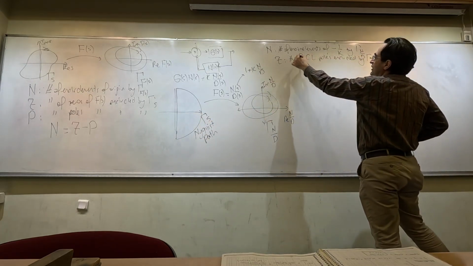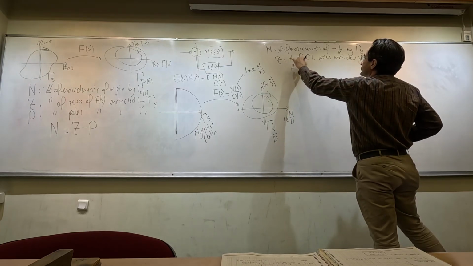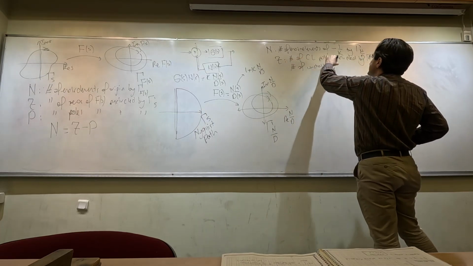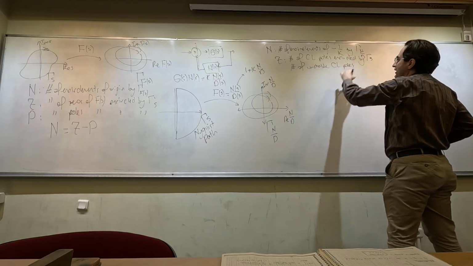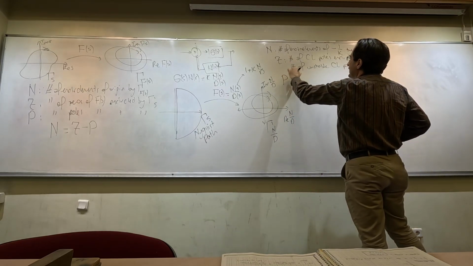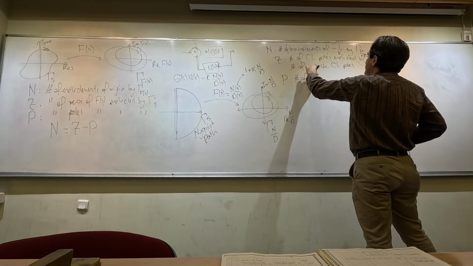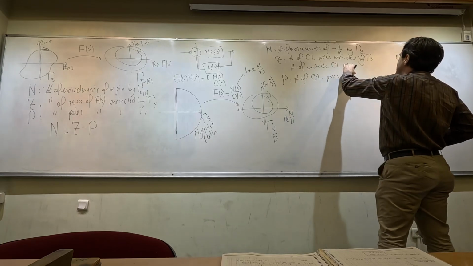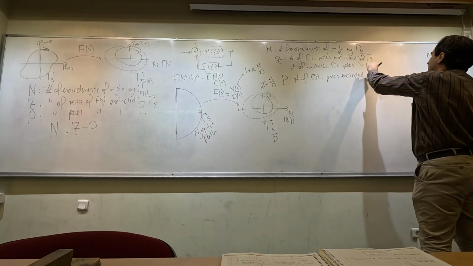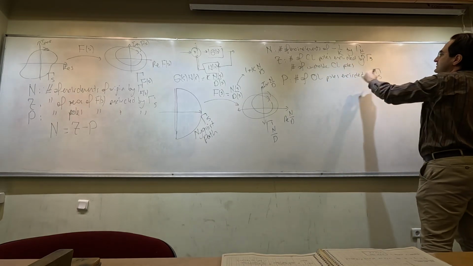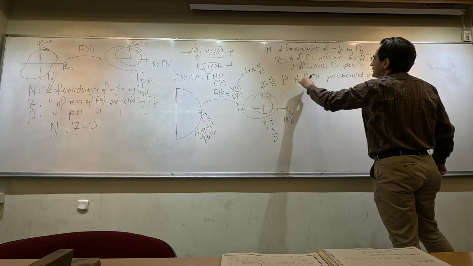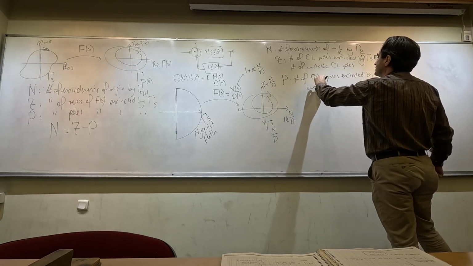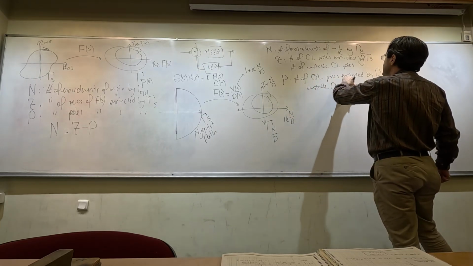This is at the same time the number of unstable closed loop poles. And we define P as the number of open loop poles encircled by gamma s, or this is at the same time the number of unstable open loop poles.